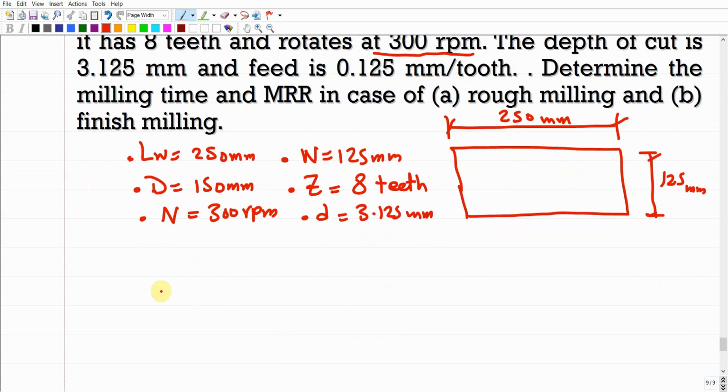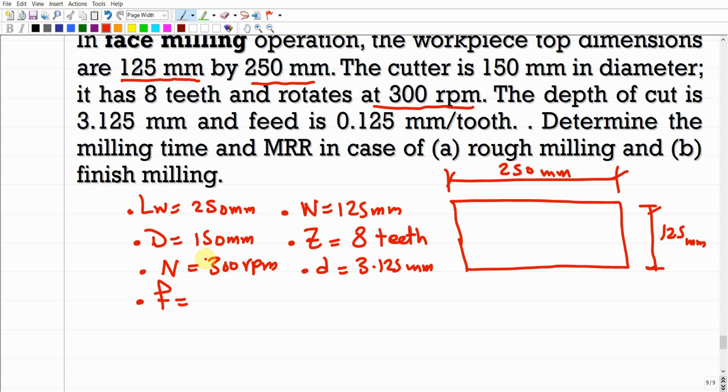And the feed: remember that for the milling operation, we have three possibilities for the feed. The feed would be given as millimeter per tooth, so it should be F_Z as 0.125 millimeter per tooth, or as millimeter per revolution, so it's just F, which is F_Z times Z, or as feed rate in millimeter per minute.